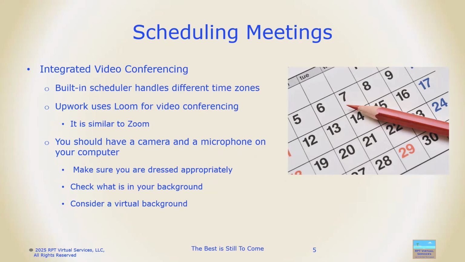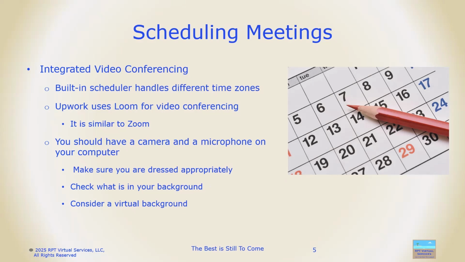The integrated video conferencing, as I said, uses Loom. It has a built-in scheduler, so that handles all the time zone issues when you're working with somebody in a different time zone. And if you're familiar with Zoom, Loom is very much the same. There is a tutorial available if you're not, so you can always go out and do that.